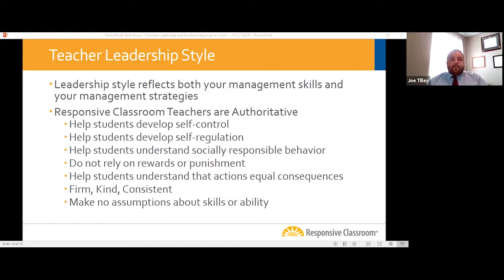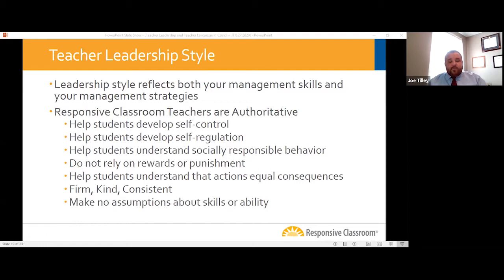And I think the thing to remember here is, again, give yourself grace, because you're going to be learning some of these pieces as you go. But if you can keep in mind what the ideal responsive classroom leadership style is, then you can get back to it. So just be prepared to have some of those starts and stops, and that's okay.